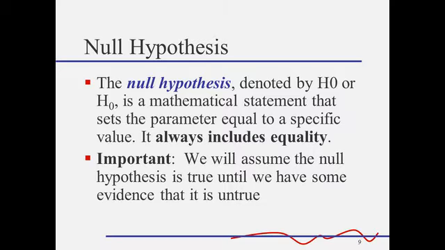We will assume the null hypothesis is true until we have some evidence that it is untrue. So this is like a jury trial in Britain or in America where a person is innocent until proven guilty. It's the exact same concept. The null hypothesis is assumed to be true unless we have some evidence against it. And that evidence that we're going to use is that test statistic that we will talk about in later sections.